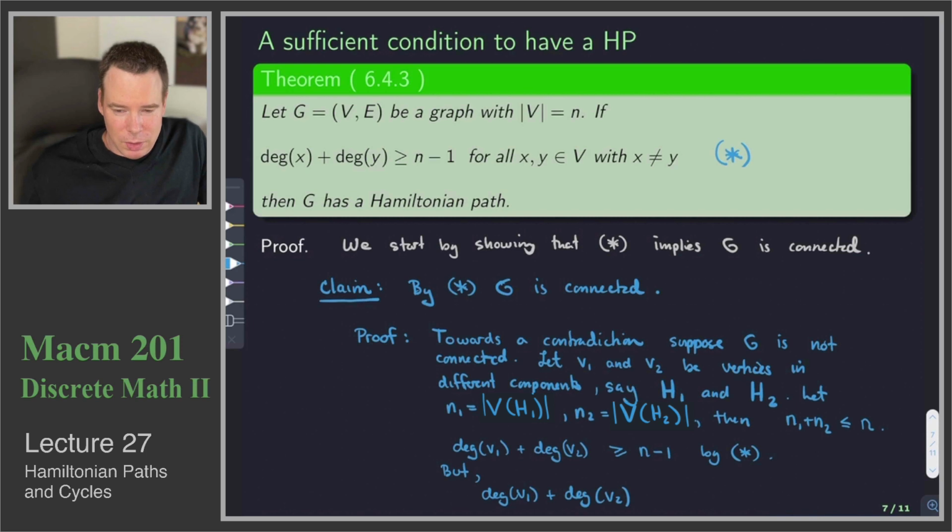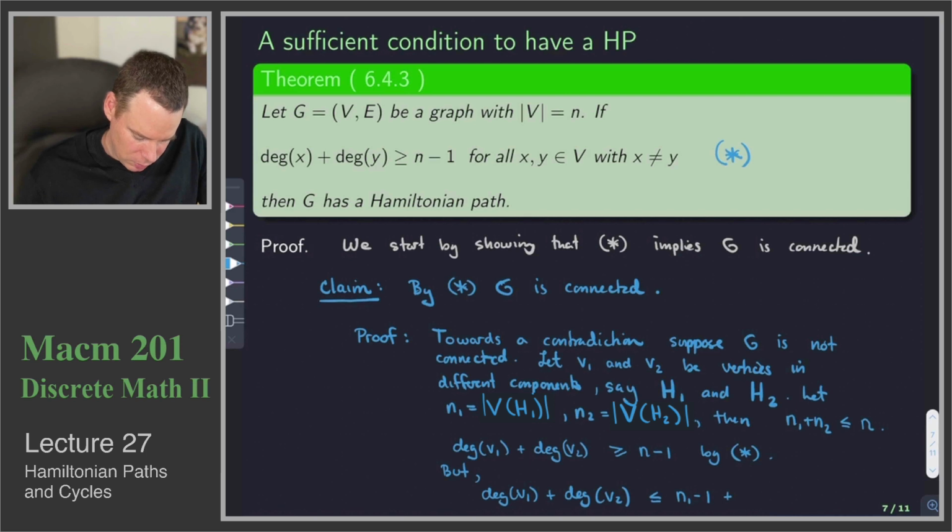So I know its degree can be at most n1 minus 1. Let me reiterate what we're using here. V1 is in a component with n1 vertices. Best case scenario, the biggest degree it could have is if that vertex gets connected to every other vertex in its component. That means it's connected to all n1 minus 1 other vertices in its component. So its degree is at most n1 minus 1.